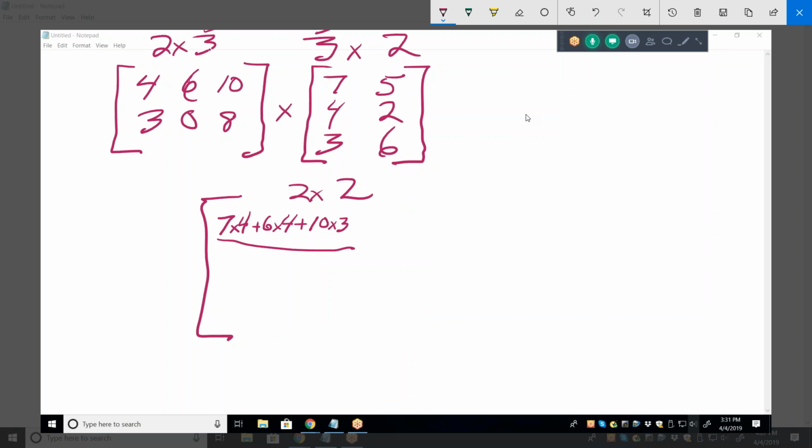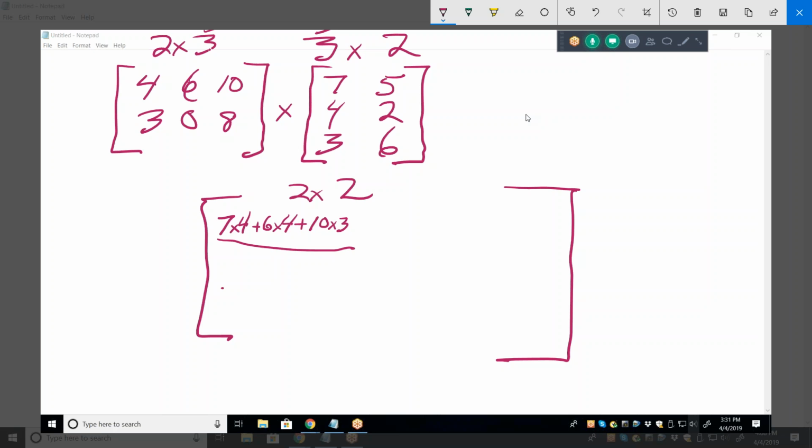That's right. Give myself a little more room. Now, what next? Would we go, does it matter which one we do next? I think so. It doesn't matter as long as you're consistent. It helps to remember it. Finish doing that first column. Okay. So now we're going to multiply the second row of the first matrix times the first column of the second matrix.